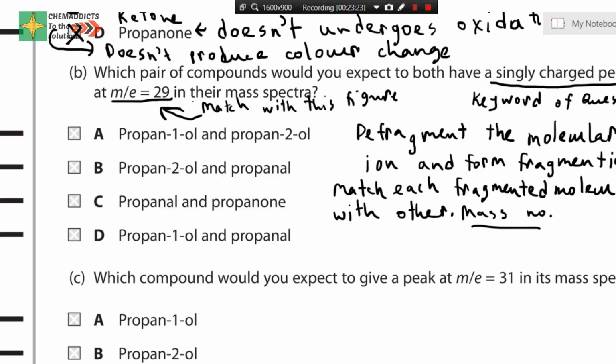In option D, propan-1-ol, one fragmented molecule of propan-1-ol and another fragmented molecule of propan-1-ol match the mass by charge ratio 29. So that is why D should be the answer. The answer for this question is D.